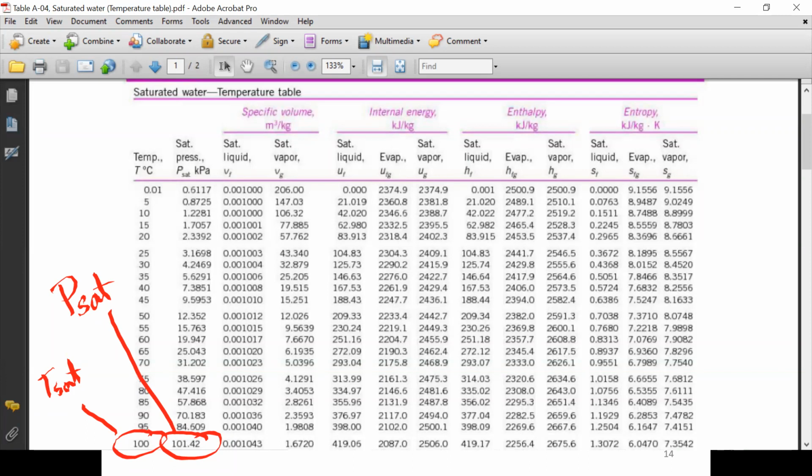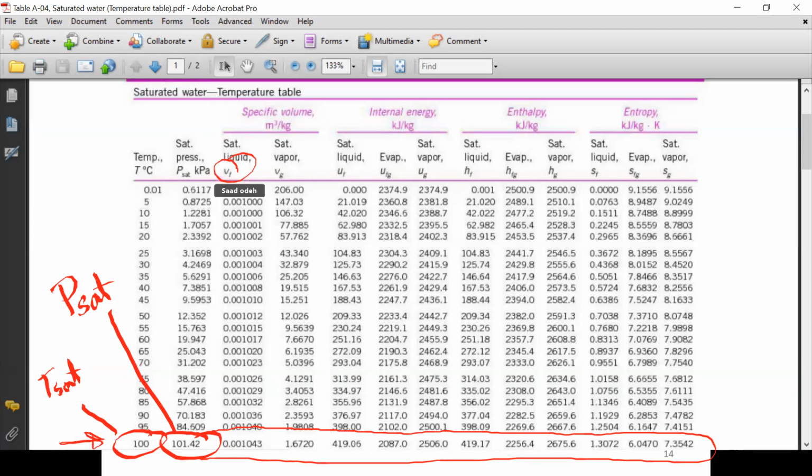Okay, so now if you look at, let's take this pressure. If you go along this row, you'll find all the properties at this saturation temperature or saturation pressure. At the top here, we have vf and vg: specific volume of saturated liquid and specific volume of saturated vapor.